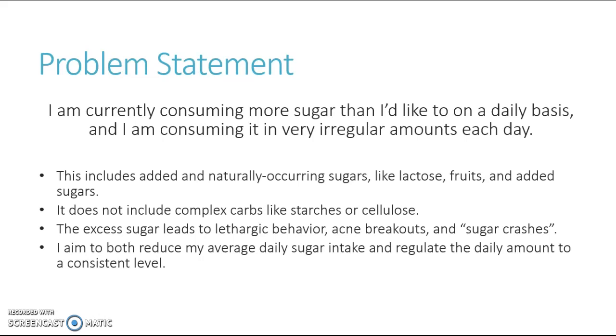It does not include starches or cellulose. The problem with the overconsumption of sugar is that I do have lethargic behavior, acne breakouts, and sugar crashes as a result of it. So I want to be able to reduce my average daily sugar intake and regulate the daily amount to a consistent level.